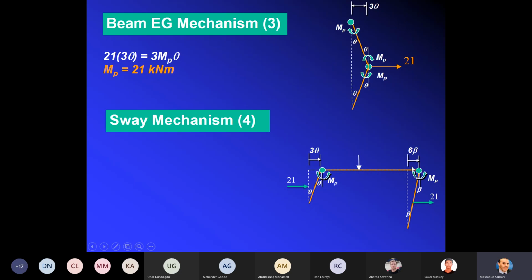And this is how the frame is going to sway under the horizontal loading. So we have 21 kilonewtons on the left column at midspan, and 21 kilonewtons on the right column again at midspan.